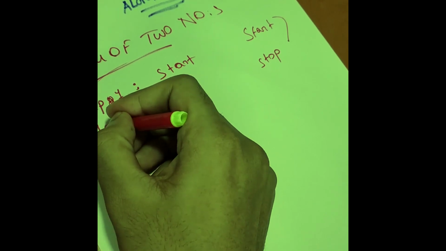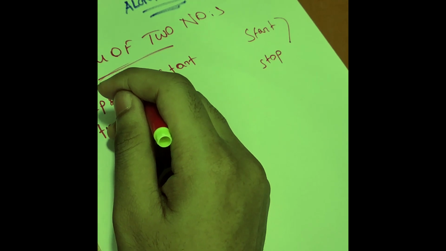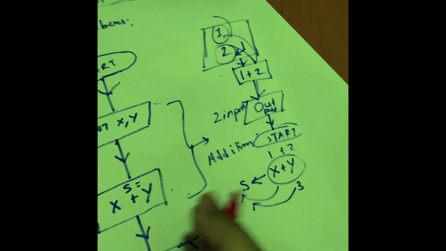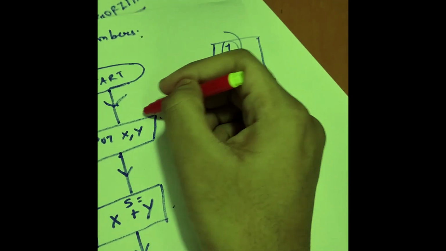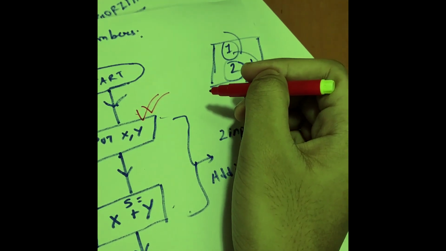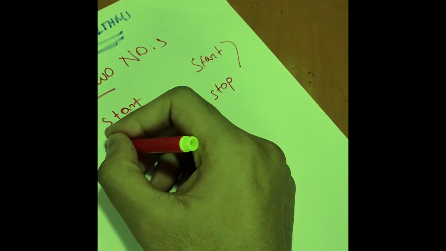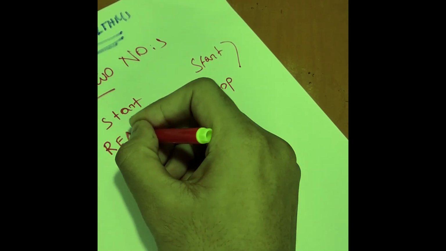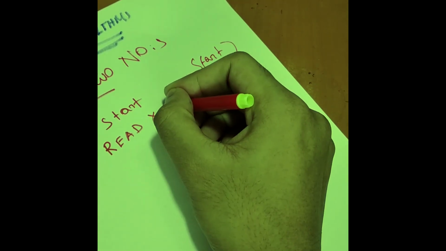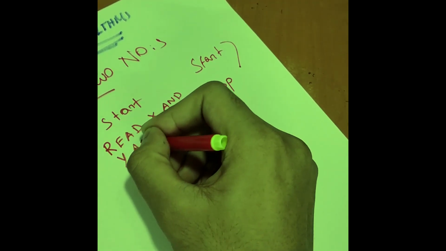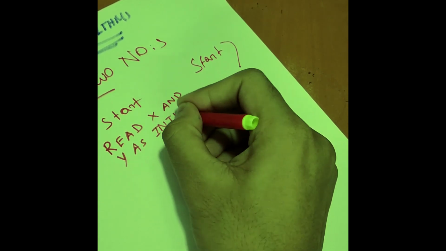Step 2. So, what was the flowchart doing while adding two numbers? It was firstly taking input of x and y. Similarly, we have to do this. Step 2, we have to write: read x and y as integers.